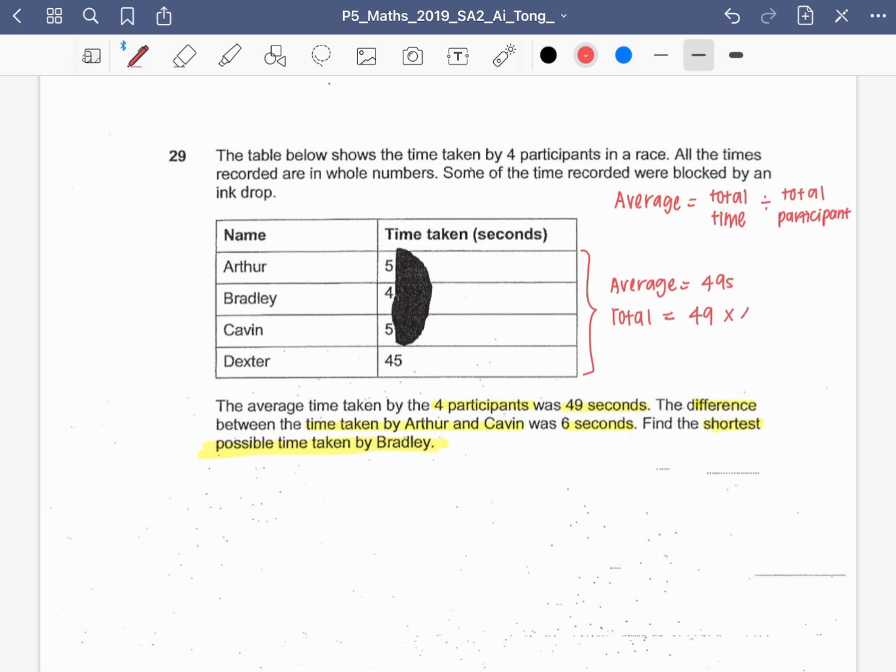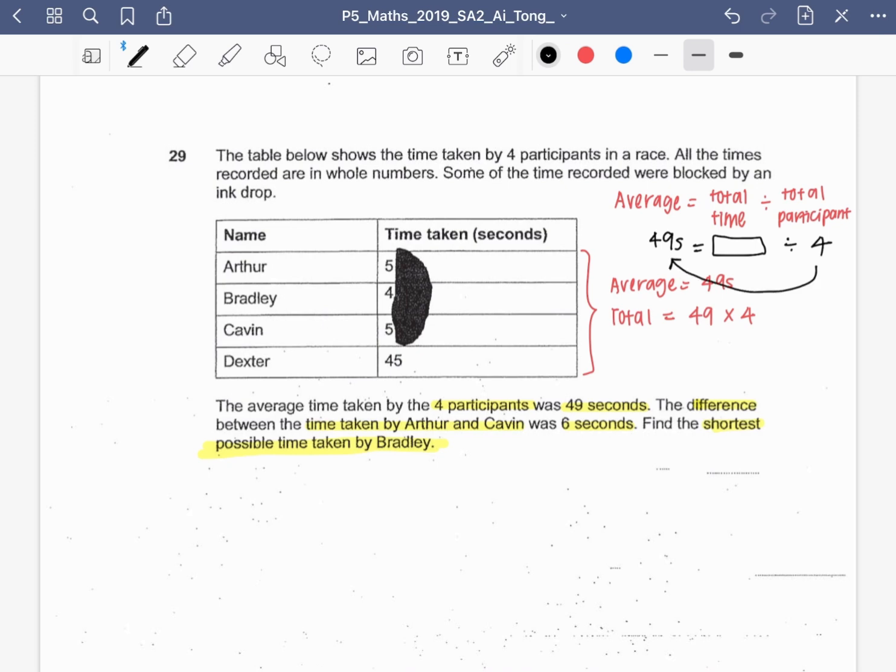49 times 4. Okay, how did I come up with that? We look back over here. 49 seconds is the average. I don't know what the total time is, divided by 4. So to find this total time, what I did is move this 4 over here.